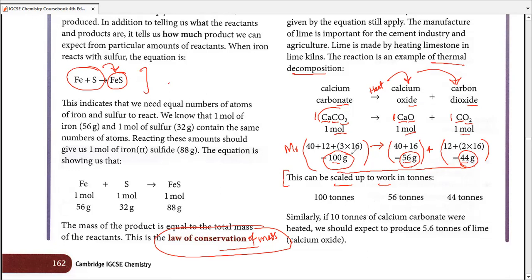If instead of 100 grams, I talk about 100 tons, it's really going to end up in the same set of numbers, but just with a different unit. So these ratios, these numbers actually help us a lot. And if you didn't know how much we are going to get for calcium oxide or carbon dioxide, since you already have these ratios, you can work them out.